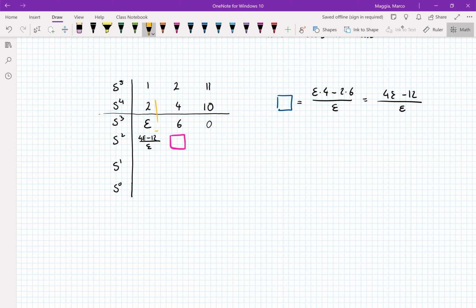So now we can compute it using these two and these two. All right, here we have a 0. So what we're looking for is the one above, that is 10. And then we're ready to jump to the next row. All right, right here.